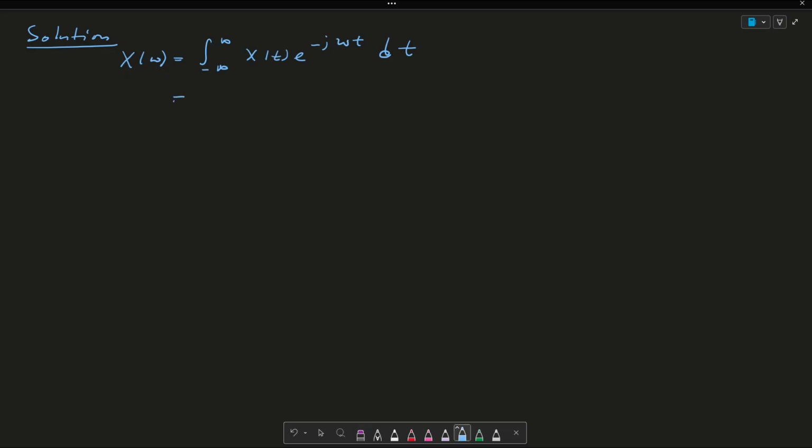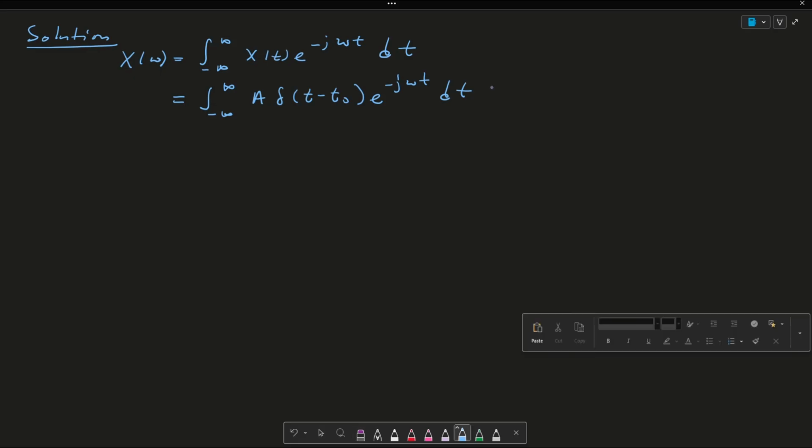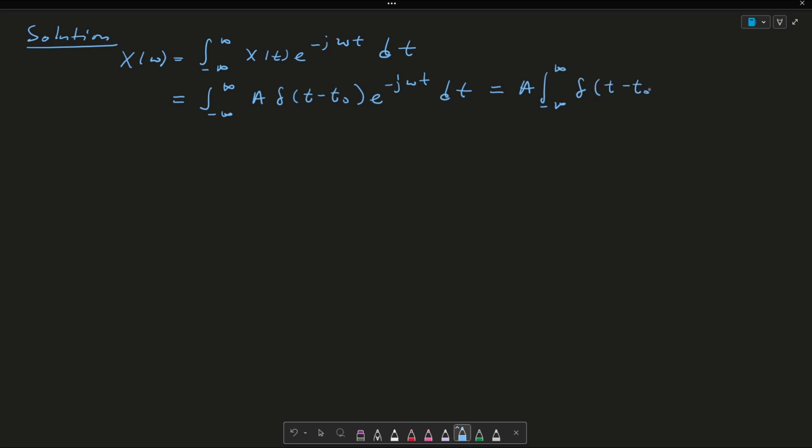Therefore, in this example, this is equal to the integral from minus infinity to infinity of A delta(t - t0) e to the minus j omega t dt. What we can do is pull out that A and say that this is A times the integral from negative infinity to infinity of delta(t - t0) e to the minus j omega t dt.